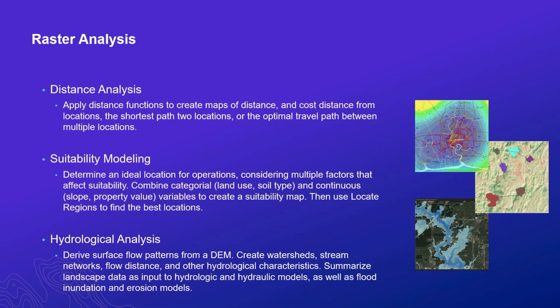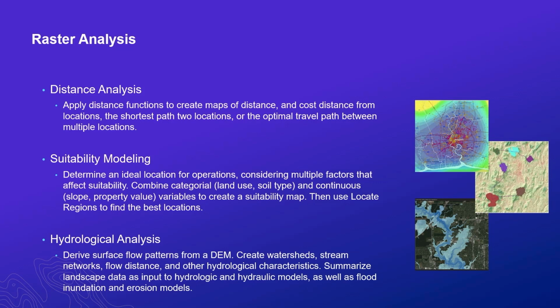Now that you have done image processing, let's go back and talk about some of the basic raster analytical capabilities that you have in GIS. Distance analysis is a very common one that most of you do. And distance analysis, what does it do? It creates the map of distance, whether it could be the shortest distance, Euclidean distance, straight line distance we call it.